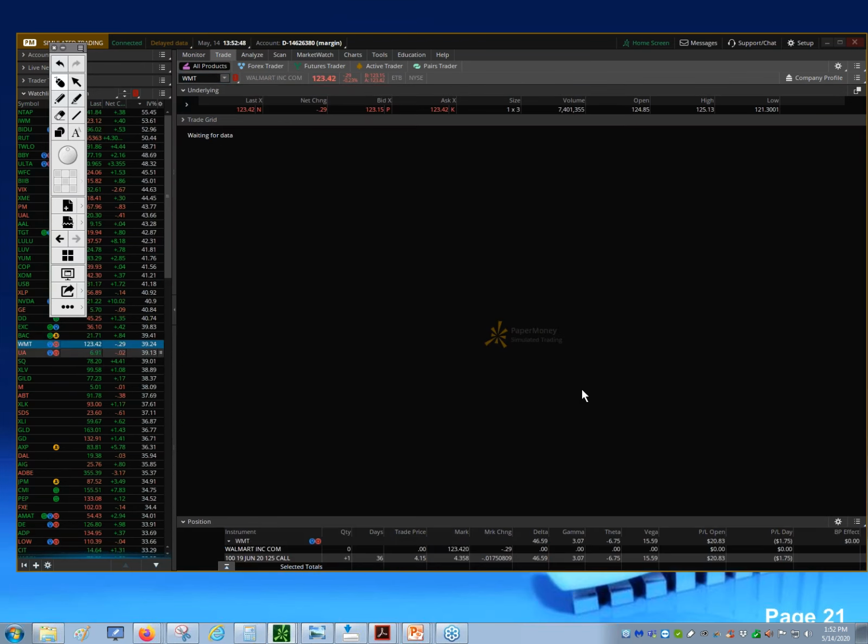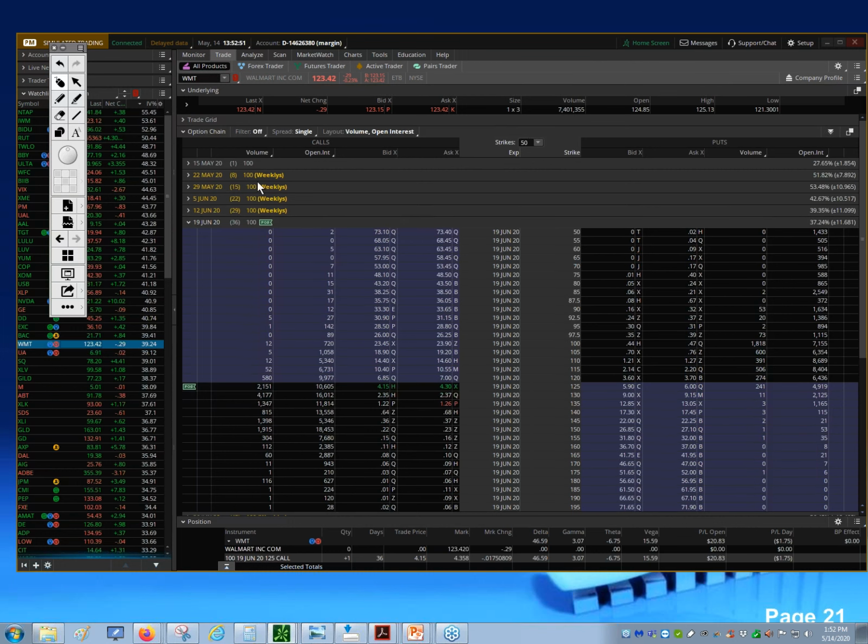You can look at Walmart. It's a over $100 stock. My rule would be 12 cents, and it's just slightly inside of that for the most part. So that makes it a stock that is tradable for options. Walmart, even after the market's closed, would fit that rule.